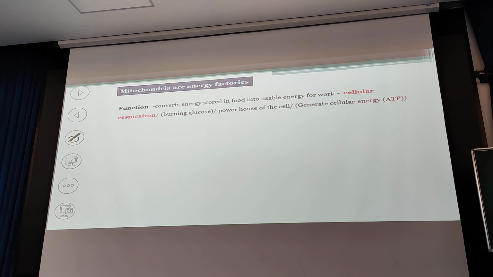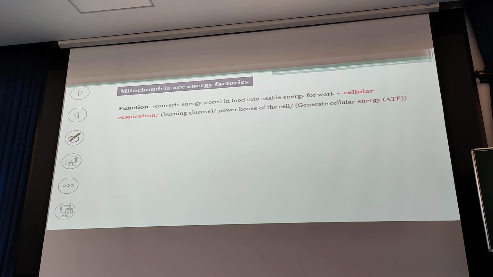So the function of mitochondria, they are energy factories. They convert the energy stored in food into a form usable for work, which is the ATP, and we call this process cellular respiration.